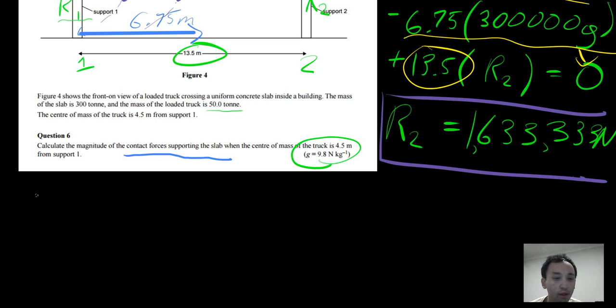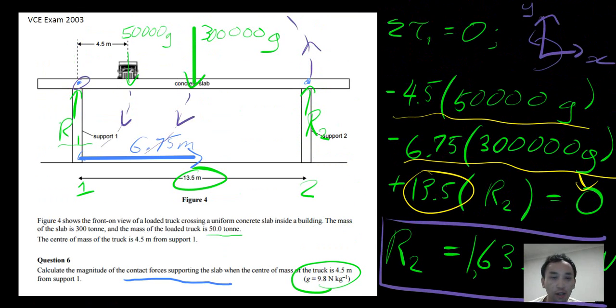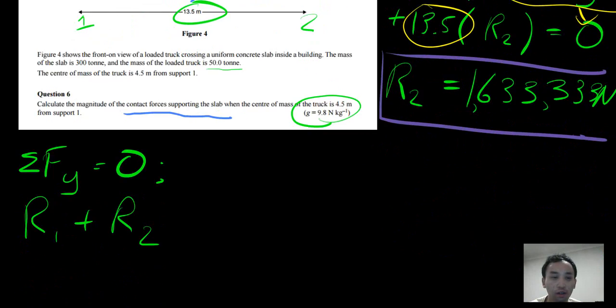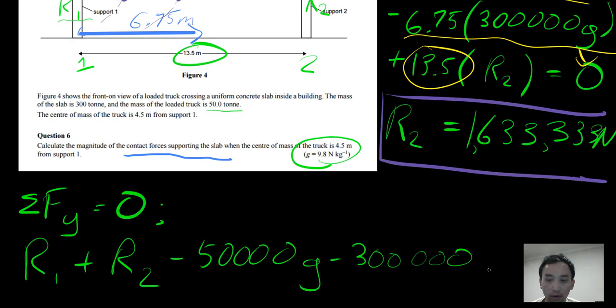And if you want R1, you're going to need more information, and you can get this information by summing up all of the forces in the vertical direction. So if we do this, we know that R1 and R2 are going up, so these are both positive. And what's going down is the negative 50,000 g and the 300,000 g. So minus 50,000 g and subtract 300,000 g as well.